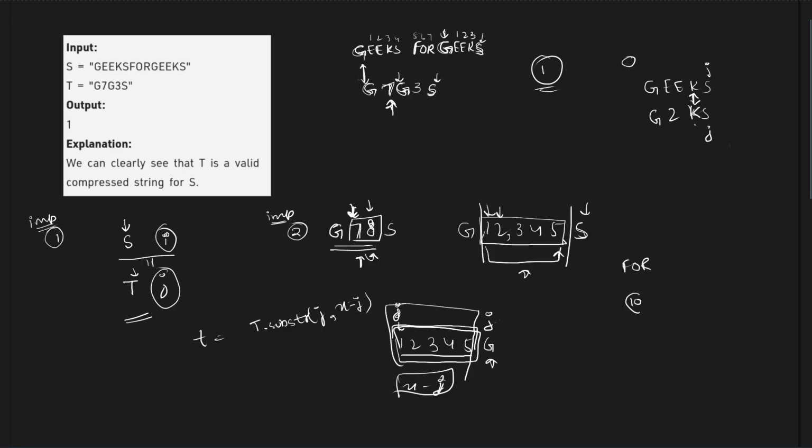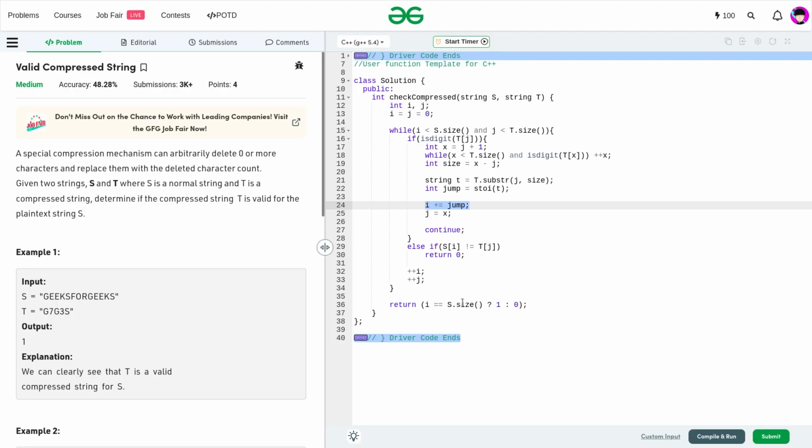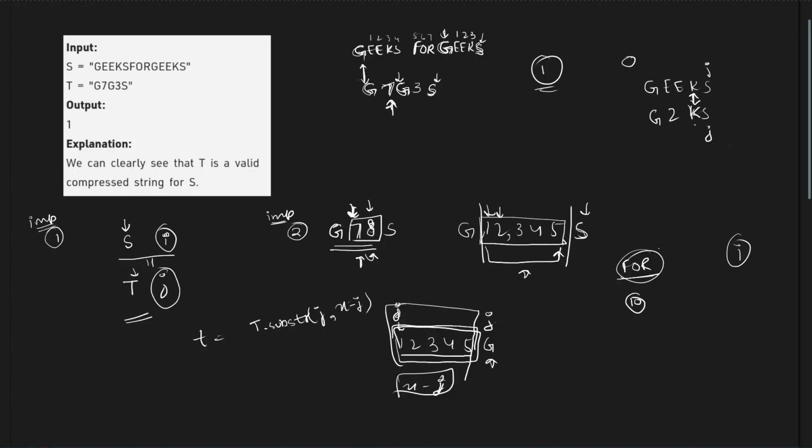So it means I have to jump 10 spaces, right? And I don't even have 10 spaces here, and the i will go to some arbitrary position here. So this is not a valid compression of this particular string "for". So I just need to check whether i is equal to the s.size or not. That means I should be just next to the character r. So I should be at this particular position for it to be a valid compression.